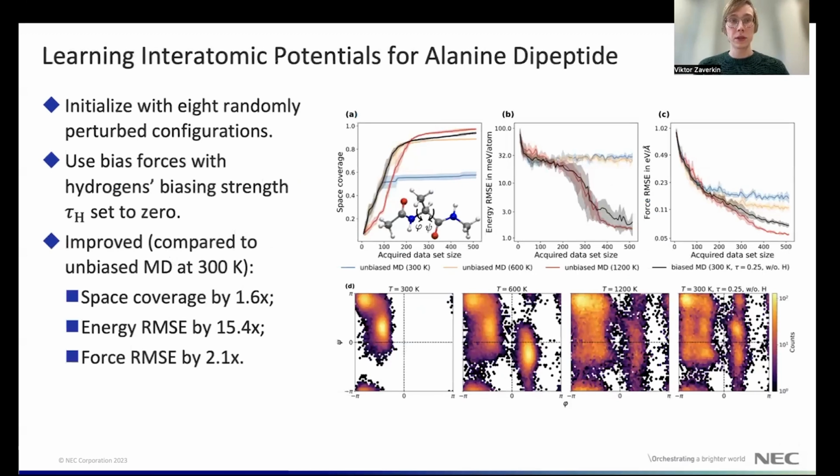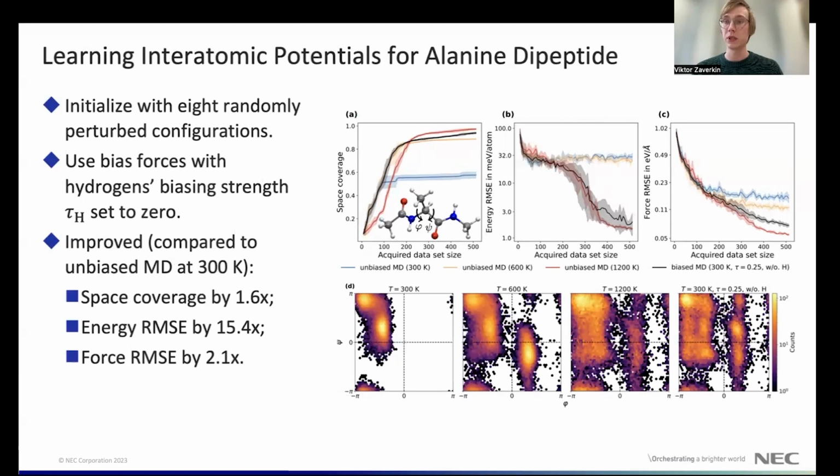Now we can talk a bit about the results we have obtained by using our active learning algorithm. And I would start by introducing the results obtained for alanine dipeptide, a model which is used quite often for benchmarking enhanced sampling methods. In our framework, we initialized active learning by using 8 randomly perturbed configurations and use the bias stress to drive our dynamics to unexplored regions.